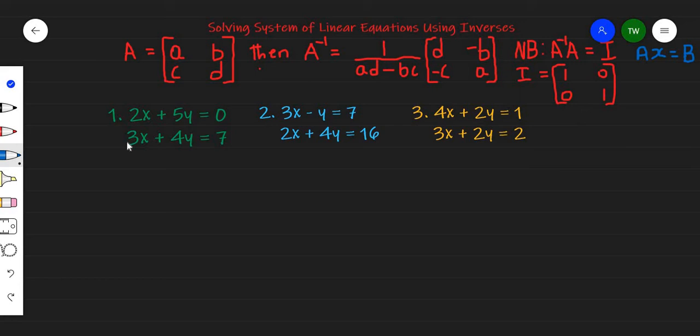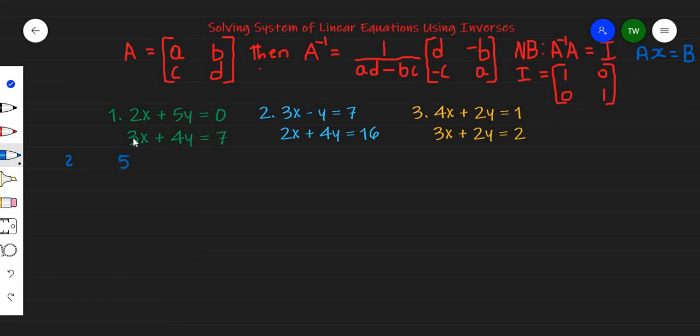All you're going to do is to take the coefficients of each term to create a matrix and call it A. So here I have 2, so I'm going to write it here. I'm going to put this 5 right out here.